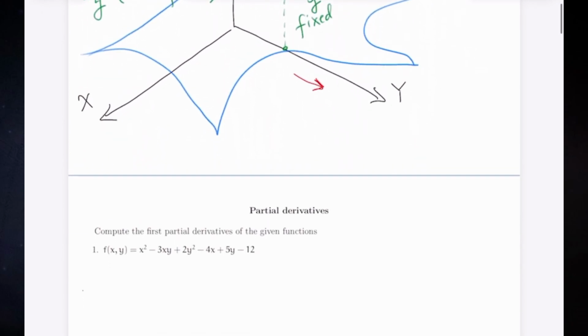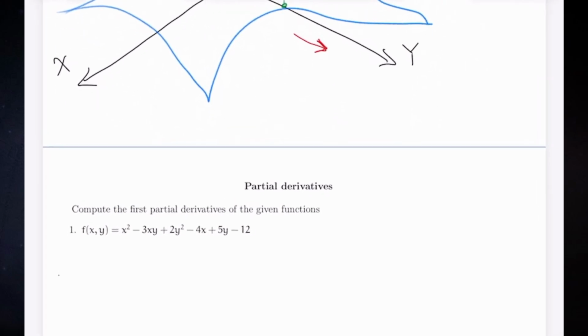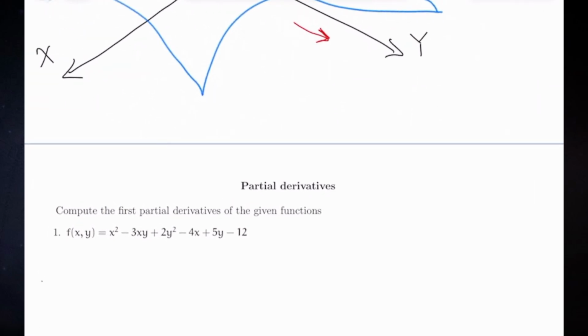Okay, so there is a whole bunch of examples that I will go through. This problem right here says compute the first partial derivatives of the given function. Let me also go ahead and introduce an alternative notation. So besides f sub x and f sub y, you will also see the operator notation.